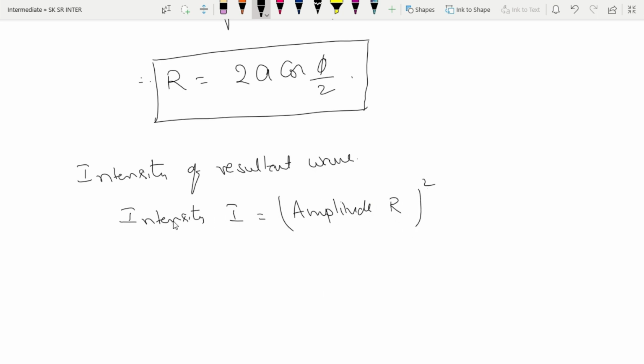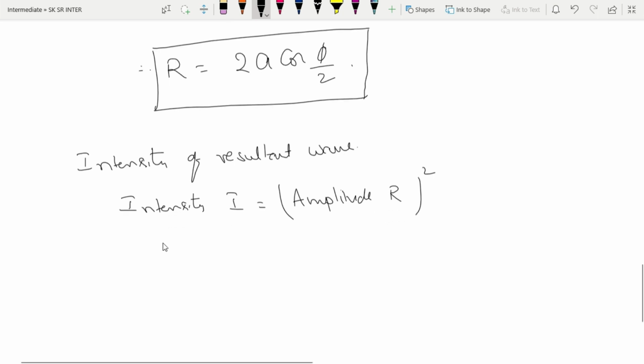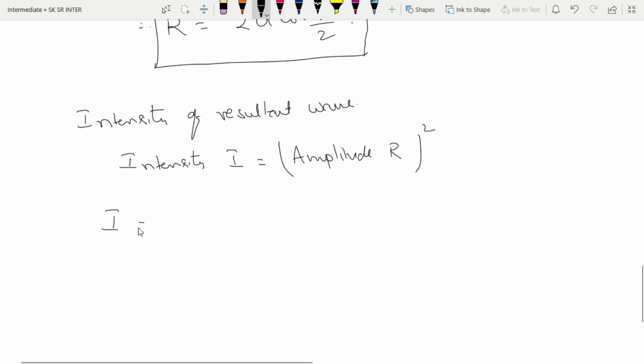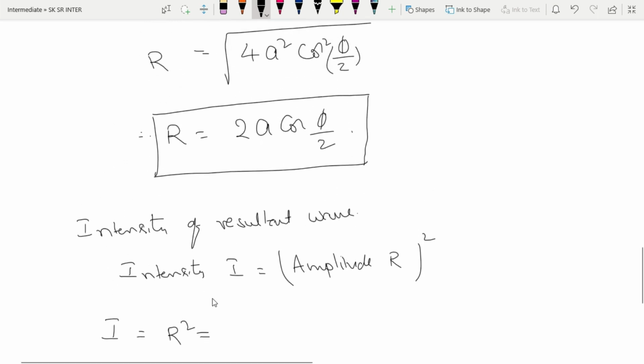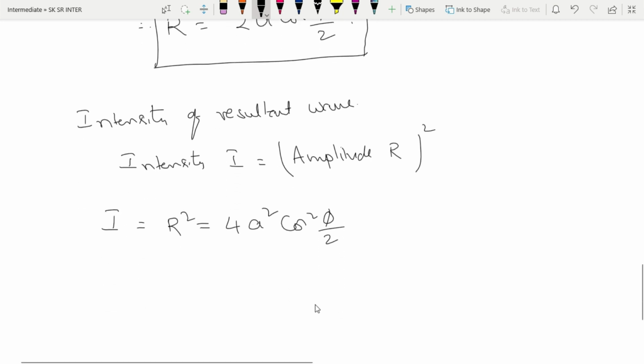Amplitude square, intensity is nothing but amplitude square. Therefore I is equal to r square is equal to 2 square means 4a square cos square phi by 2. So the intensity of the wave is I is equal to 4a square cos square phi by 2.